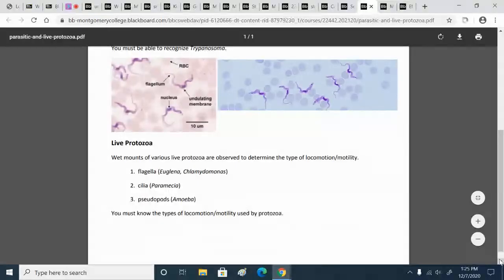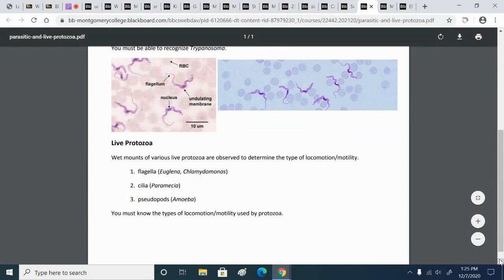What's the question again? Sorry, I was reconnecting. How do bacteria move? Which of these types of locomotion do bacteria use for motility? Flagella only? Right, just flagella.